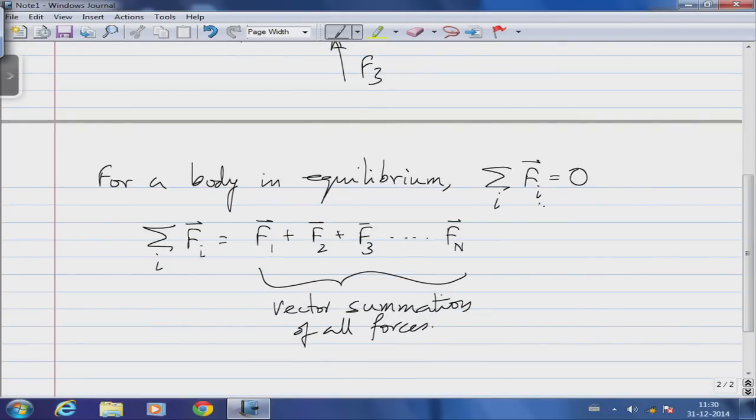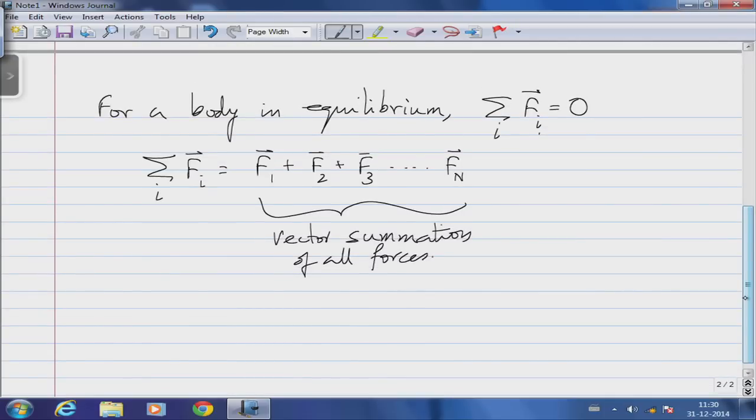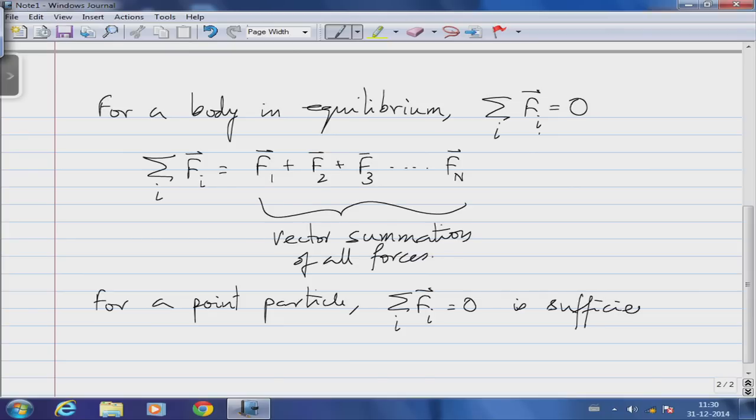So, this is our mathematical condition that we can use to identify whether a body is in equilibrium. So, for a point particle, sigma F_i equal to 0 is sufficient.